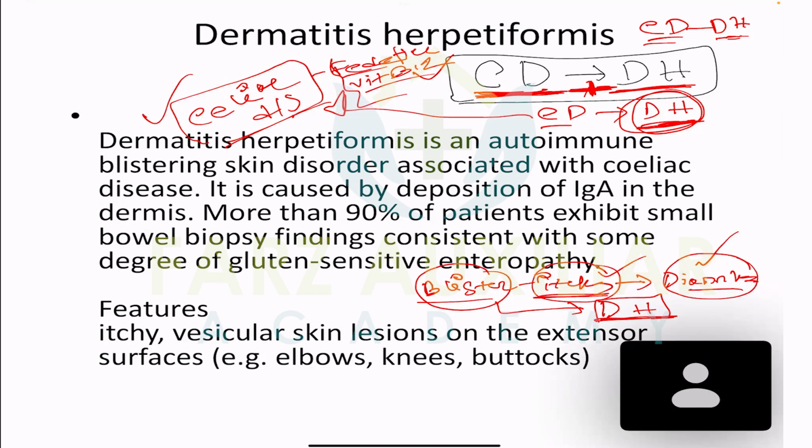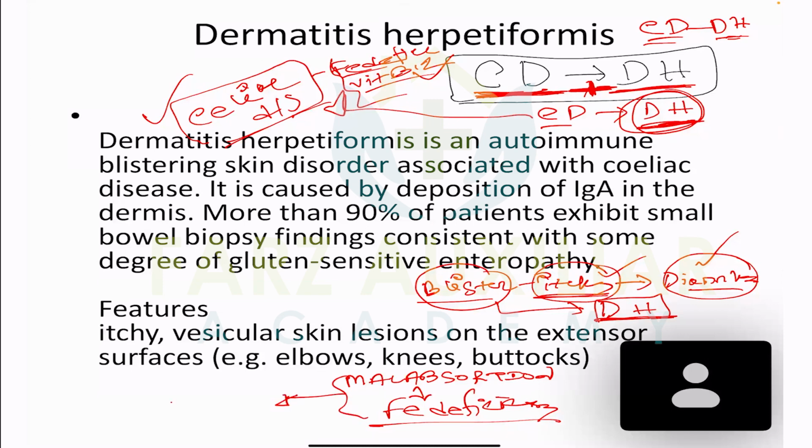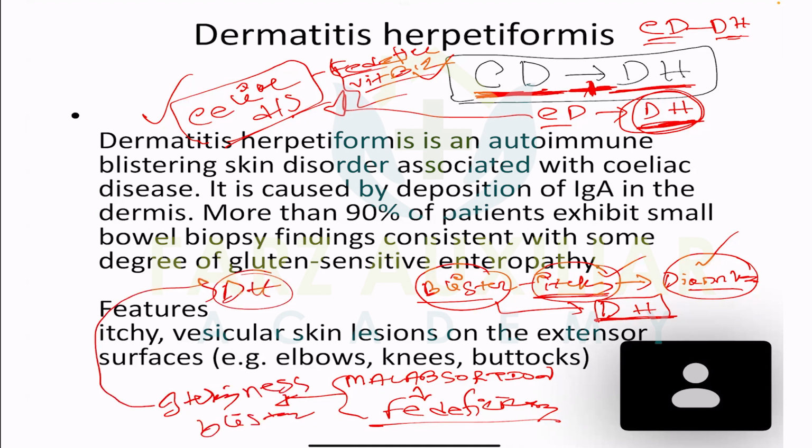So it is very much needed to know that CD is for DH. You should memorize CDDH for this whole MRCP and also in PLAB. Dermatitis herpetiformis is an autoimmune blistering skin disorder associated with celiac disease and caused by deposition of IgA in the dermis. In more than 90% of patients, small bowel biopsy is consistent with gluten sensitive enteropathy, which is a synonym for celiac disease.